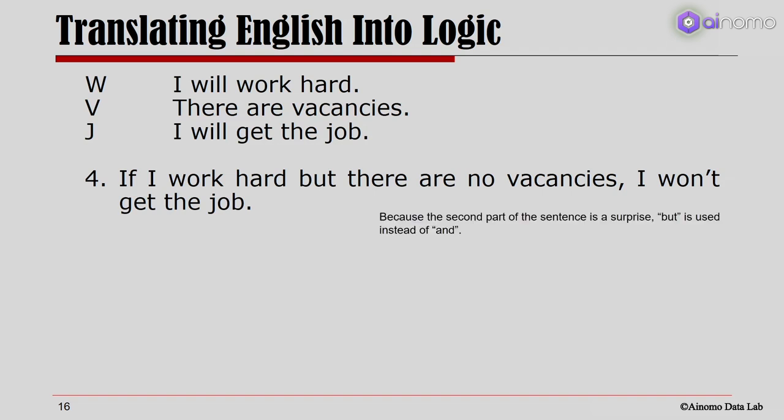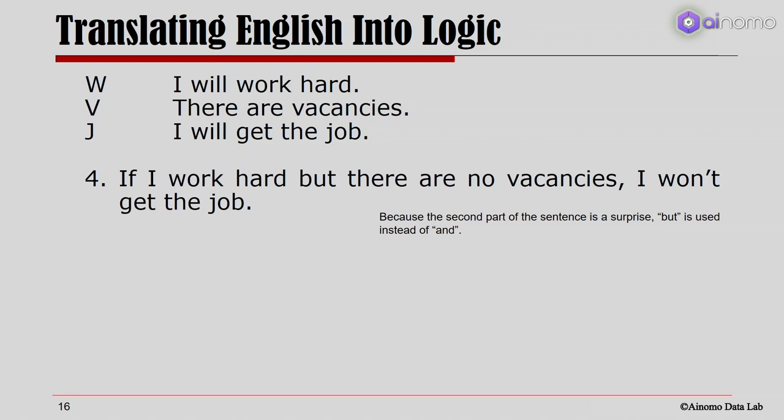However, one thing to realize at this point is that the second part of the sentence, that there are no vacancies, is a surprise, but is used in English instead of and. But when I am converting it into a propositional logic formula, I would use an and.